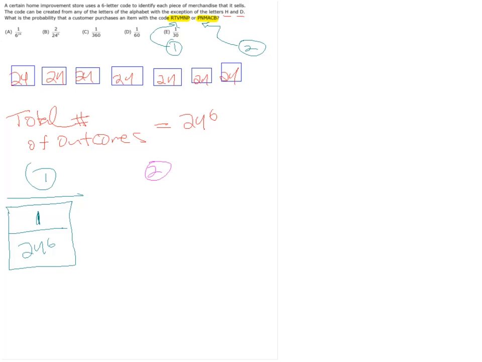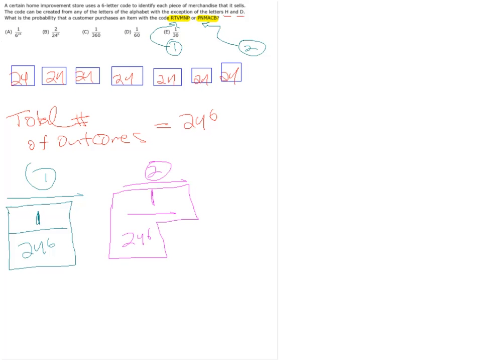So merchandise code number 2 is the same thing, right? There's only one way to make the code, PNMACB. So one outcome out of a total of 24 to the 6 possible outcomes. So that's now the probability of creating the second code.